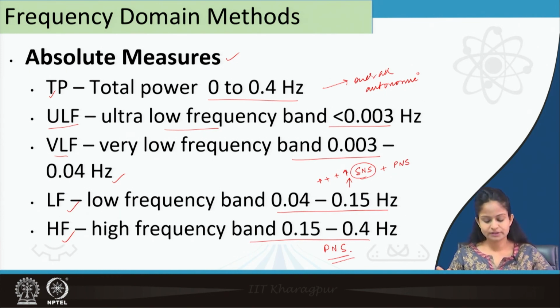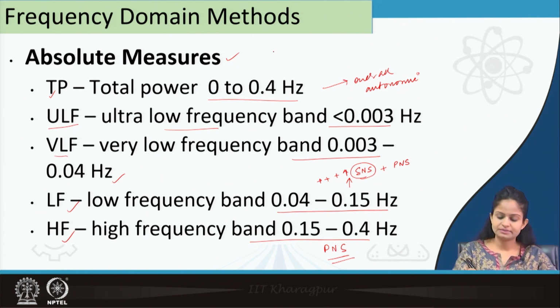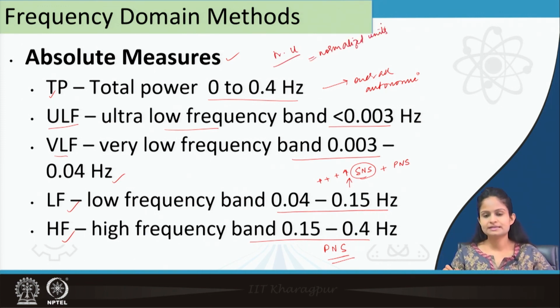These are measured in terms of hertz. We also have normalized units, NU. Normalized units means the ratio of the absolute measure of a particular frequency to the total power.